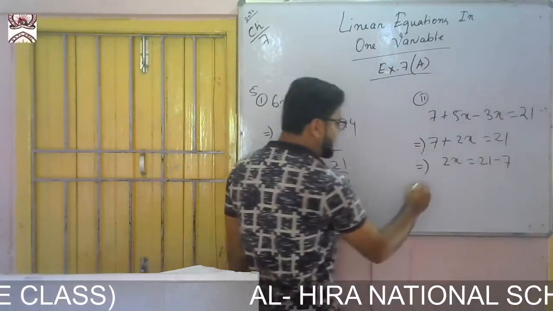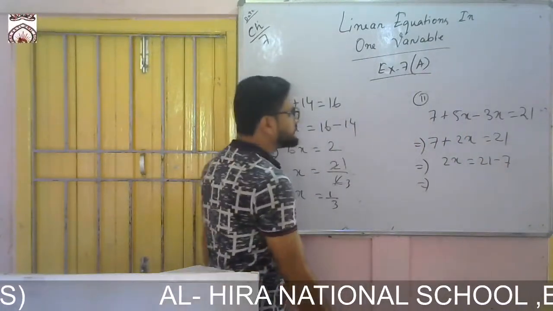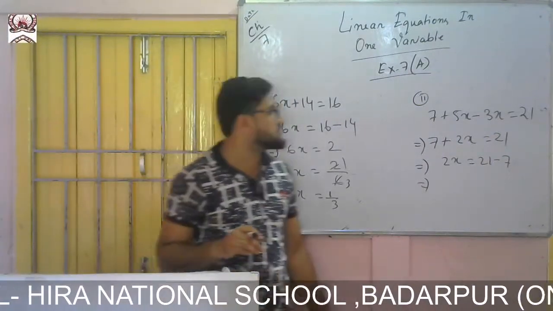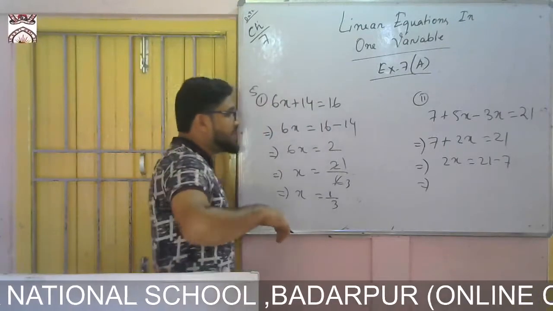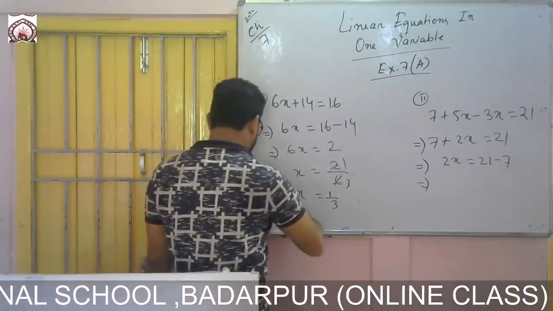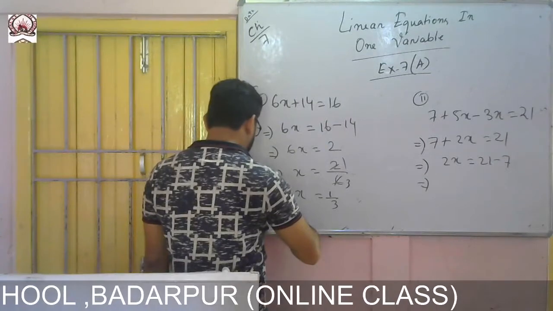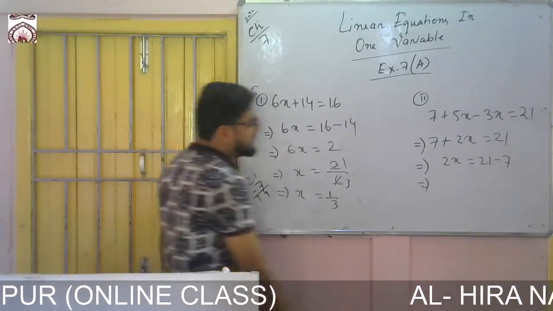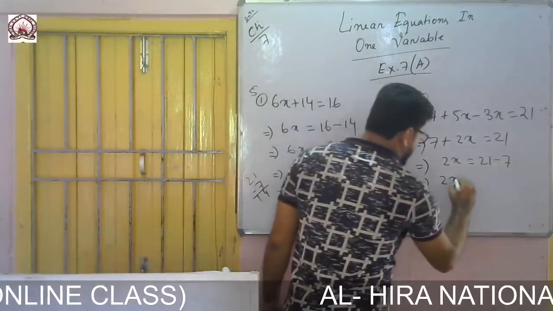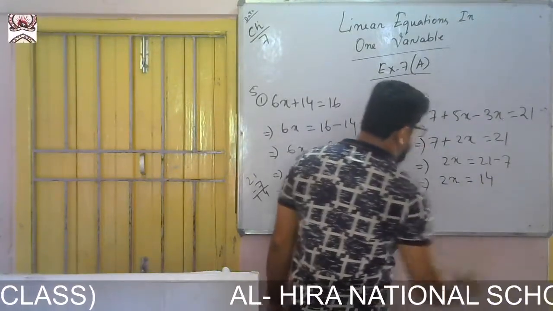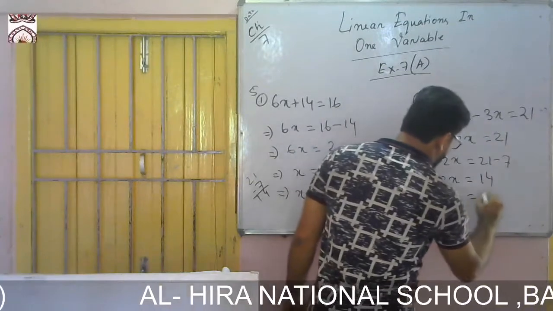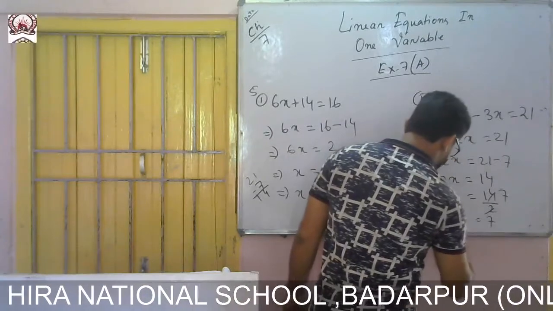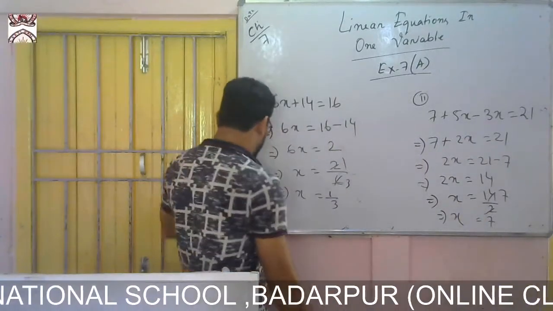Here it is plus, it will go there as minus. Now 21 minus 7 is 14. So twice x equals 14. So x equals 14 by 2, it is 7. x equals 7.